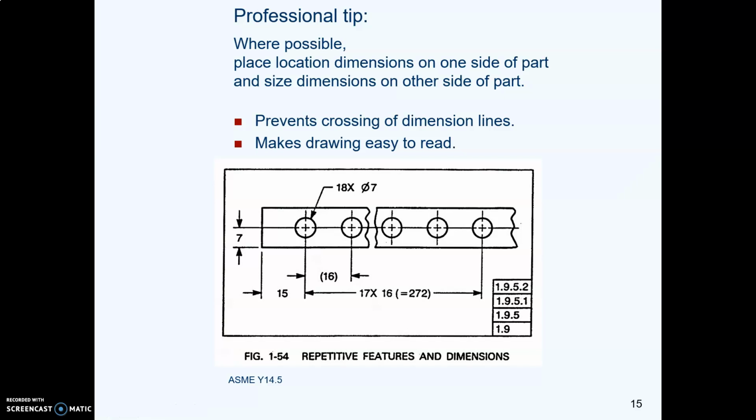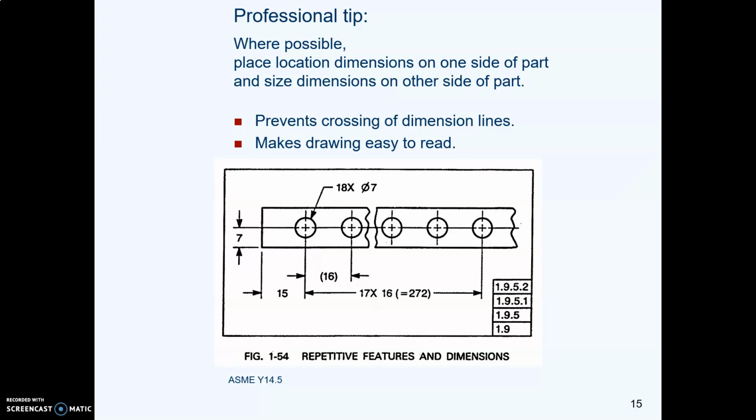Professional tip, and there's some words on this slide, but the general idea of a professional drawing is try to make things uniform and consistent, whatever that means in your particular drawing. So in this drawing, here's a flat bar with a bunch of holes in it.